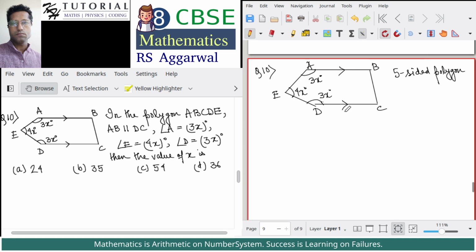AB is parallel to DC. AB parallel to DC implies that AB is parallel to DC and BC is a transversal. We can say BC is a transversal.